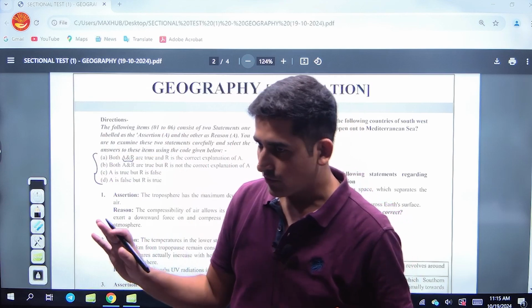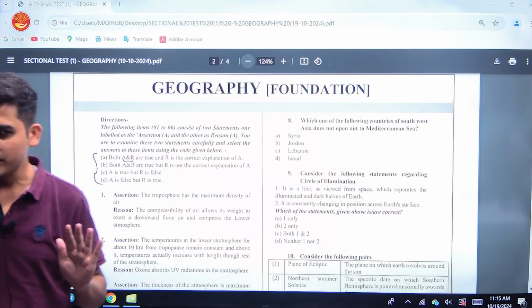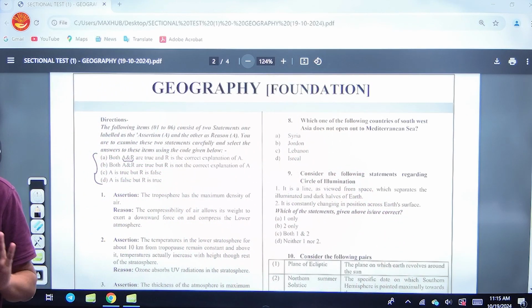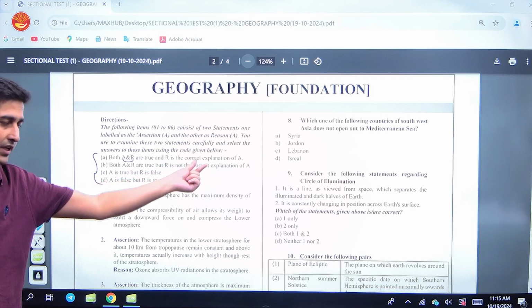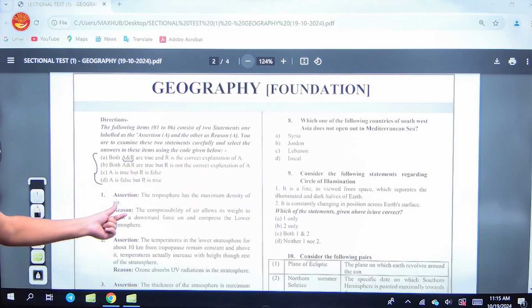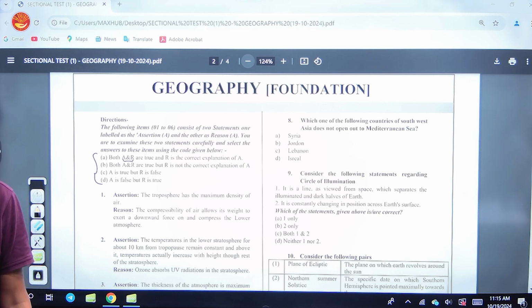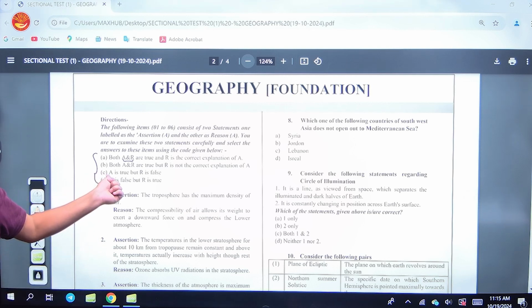Both statements are true, but the second statement, labeled as reason, does not explain statement 1, the assertion. If both A and R are true but R does not explain A, then you will go for option B. You will see how to use it.